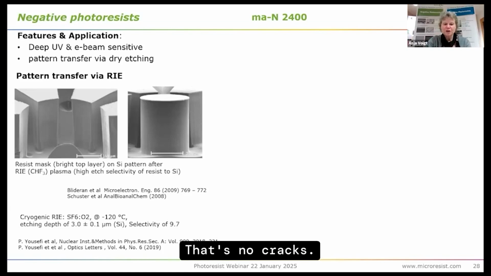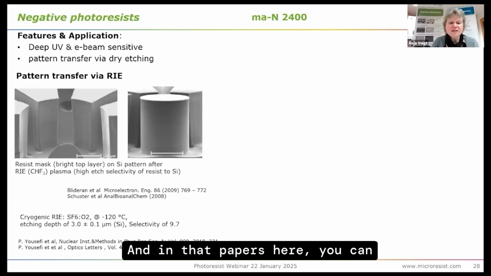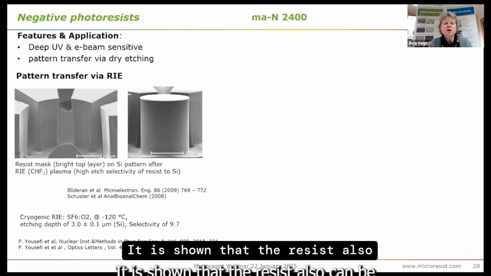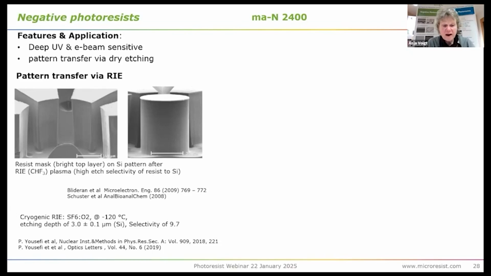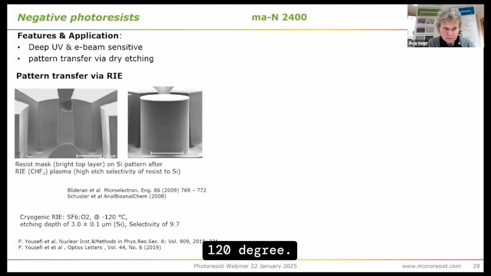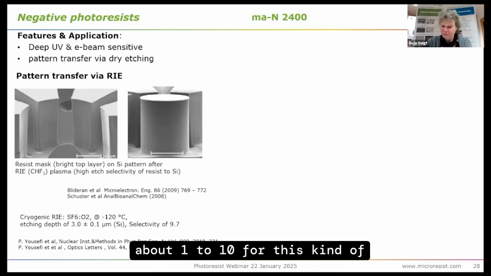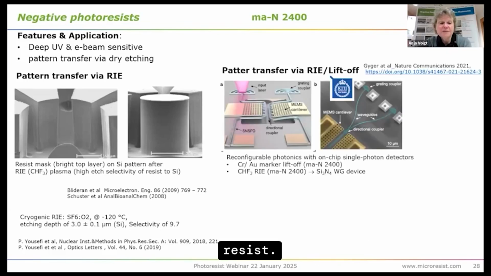To avoid cracks, it should be a ramped process. And in that paper here, you can read more. It is shown that the resist also can be used for cryogenic etching. In that application, it was minus 120 degrees. And the etching selectivity was about 1:10 for this kind of resist.